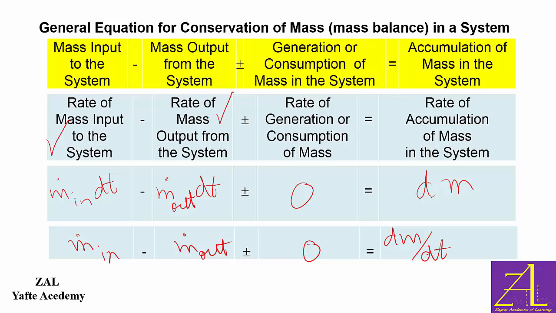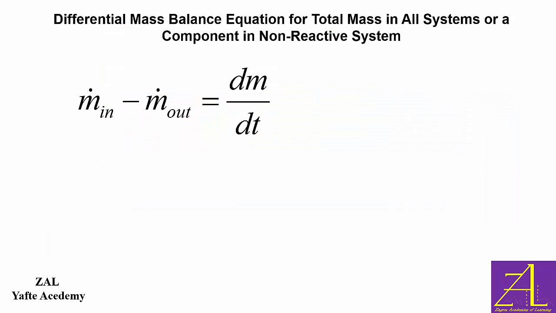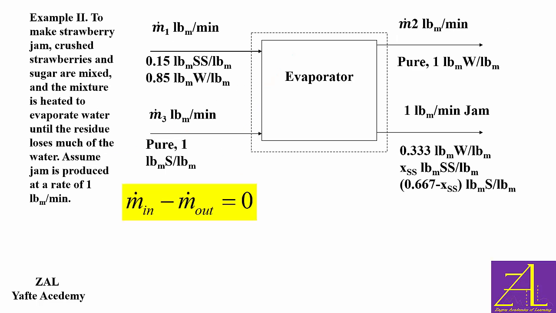This will be the differential form of mass balance. For a steady state, accumulation will be 0. It means that this term is 0, and therefore we will end up with only m dot in minus m dot out equals 0.